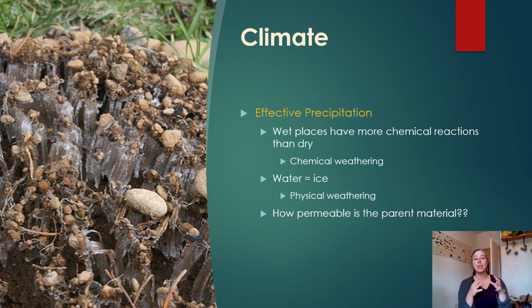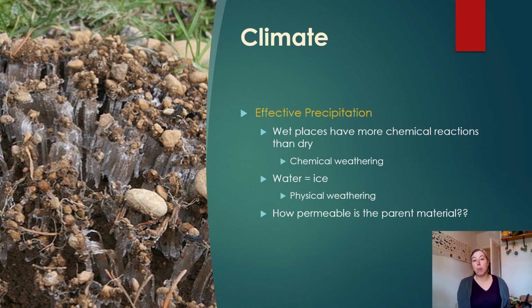can actually break rocks. And in this picture, you can see the water content in the soil has frozen and pushed the soil particles around. So this is something you see a lot in late fall and early spring, especially when we've had a wet fall.